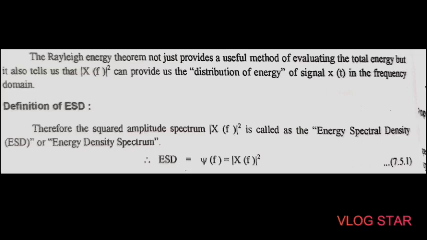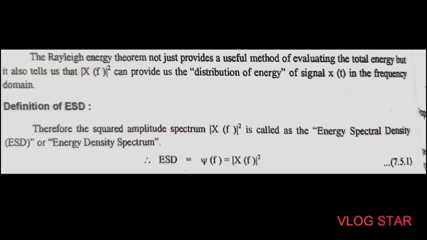Okay, so here we are going to discuss what is meant by ESD, that is energy spectral density. Okay, so before that we must know what is meant by spectral density functions. Okay, so here we will categorize signals and systems by concentrating on the energy or the power of the signal.